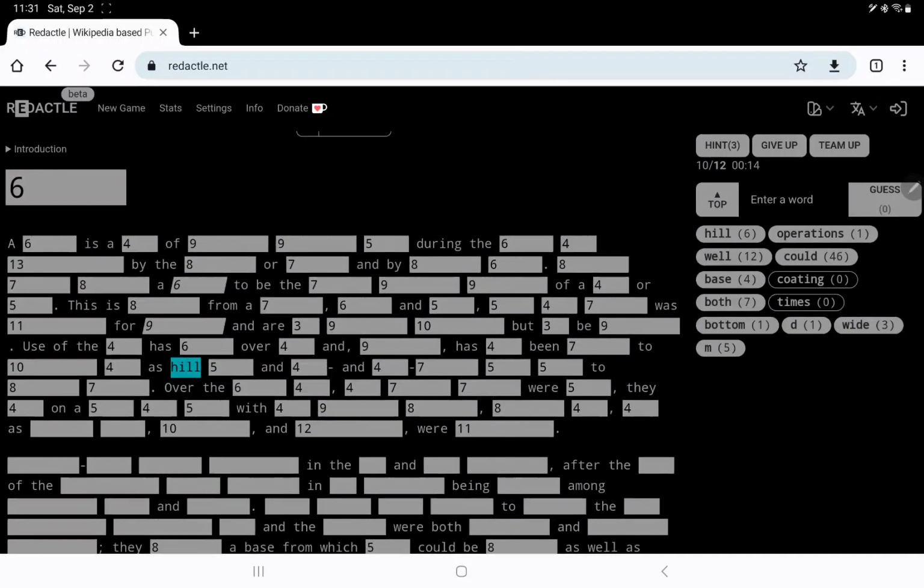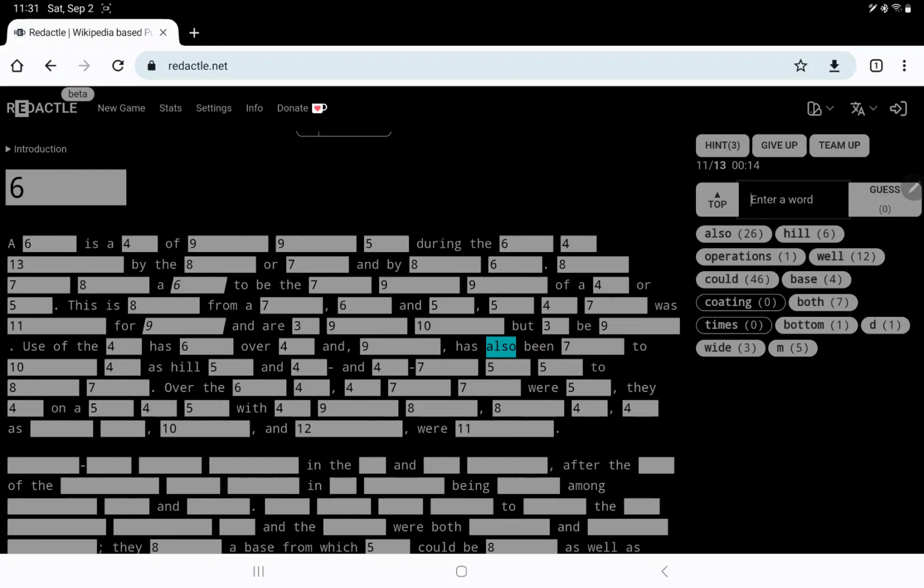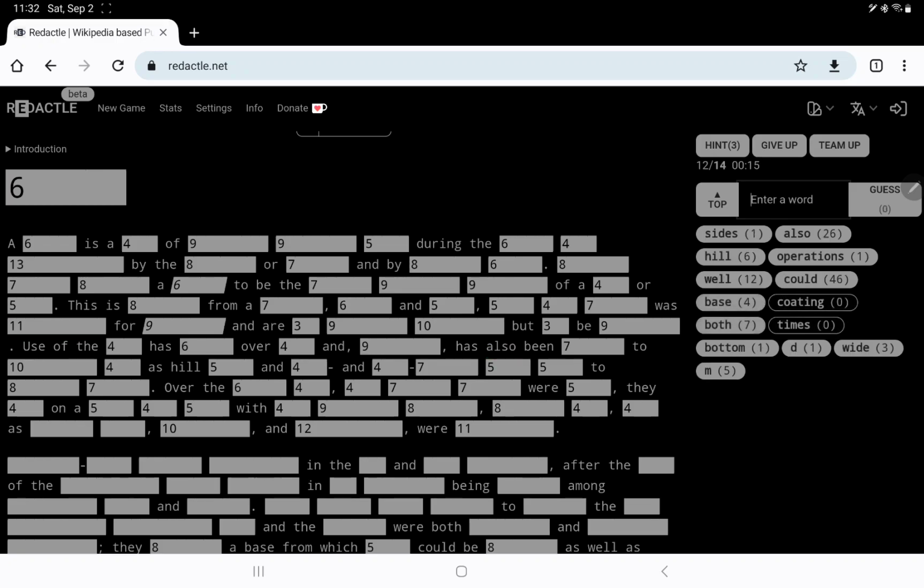Oh my goodness, so here we have hill has also been something to 10-4 as hill, 5, hill something. Hill, hillsides, no, hill walking, hill and dale.